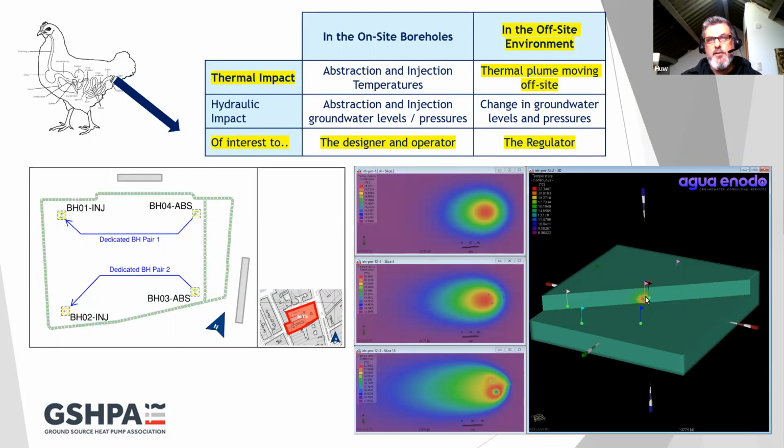The boreholes are the little flags, and you can see that over the 35-year run of this model, we have this thermal plume moving down hydraulic gradient in the aquifer towards these other abstractors. Now, this is a screenshot when the system has reached a sort of thermodynamic equilibrium with the aquifer, so this plume then ceases to expand.